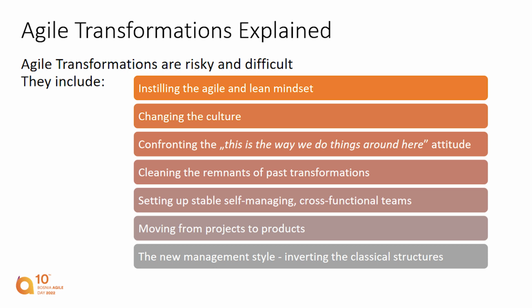And also the management style should get turned upside down. Instead of management directing from above, they should be serving from below. So each one of these items would be difficult, but together they make the transformation, well, complex.